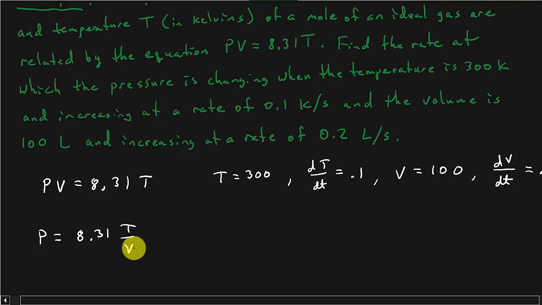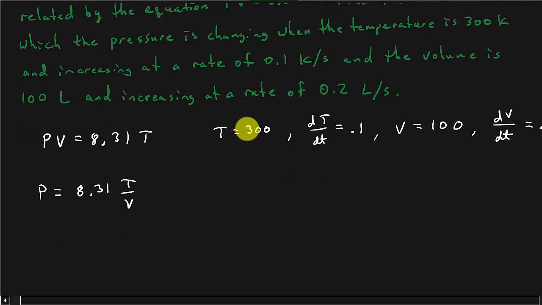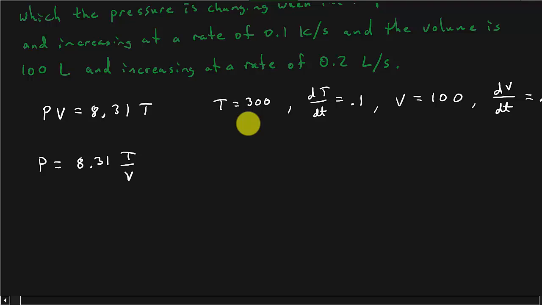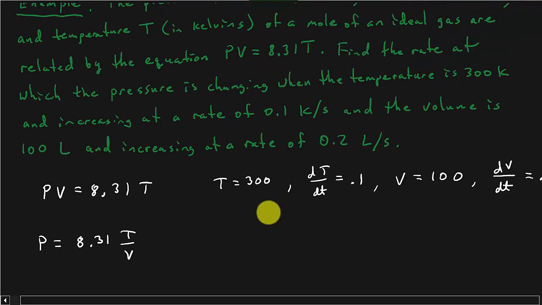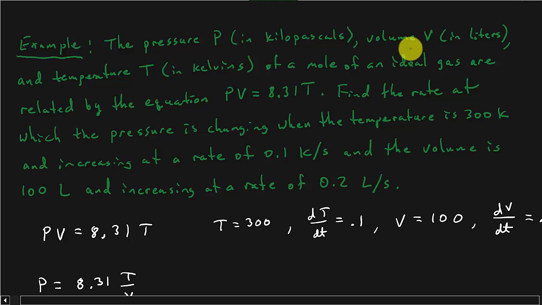I just solved that. I solve it for P. And I want to know the change in volume, the change in pressure. Find the rate at which the pressure is changing.